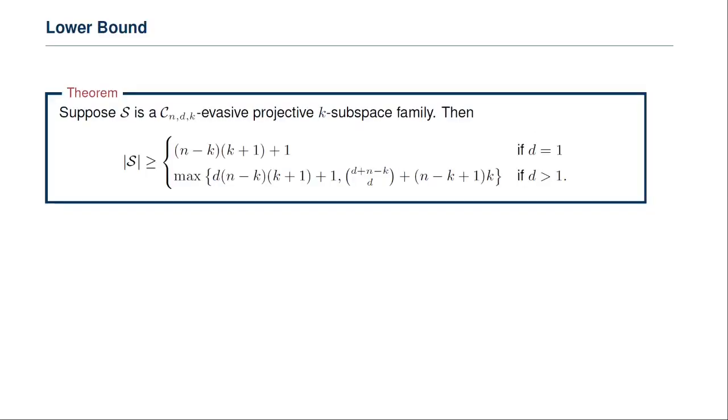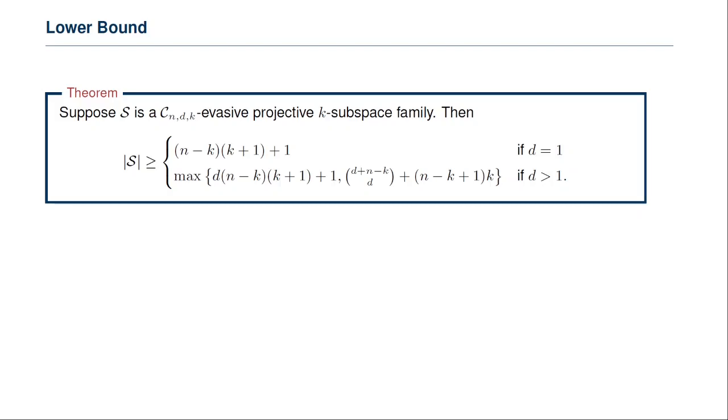And the next thing I want to talk about is the lower bound for the minimum size of variety evasive subspace families. In our paper, we prove this theorem. Suppose S is a projective k-subspace family that is evasive against the family C_{D,k}, which denotes the family of projective varieties of degree at most D and codimension k+1.